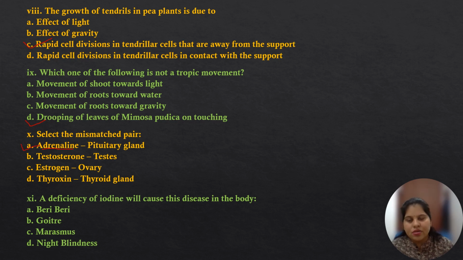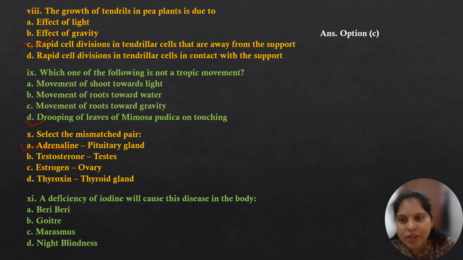Then testosterone. Testosterone is the hormone which is secreted in the male through the gonads like testes. In female, estrogen is secreted by the ovary, and thyroxine, this is also a hormone, it is secreted by the thyroid gland. So in this question, the mismatched pair is adrenaline and pituitary gland.